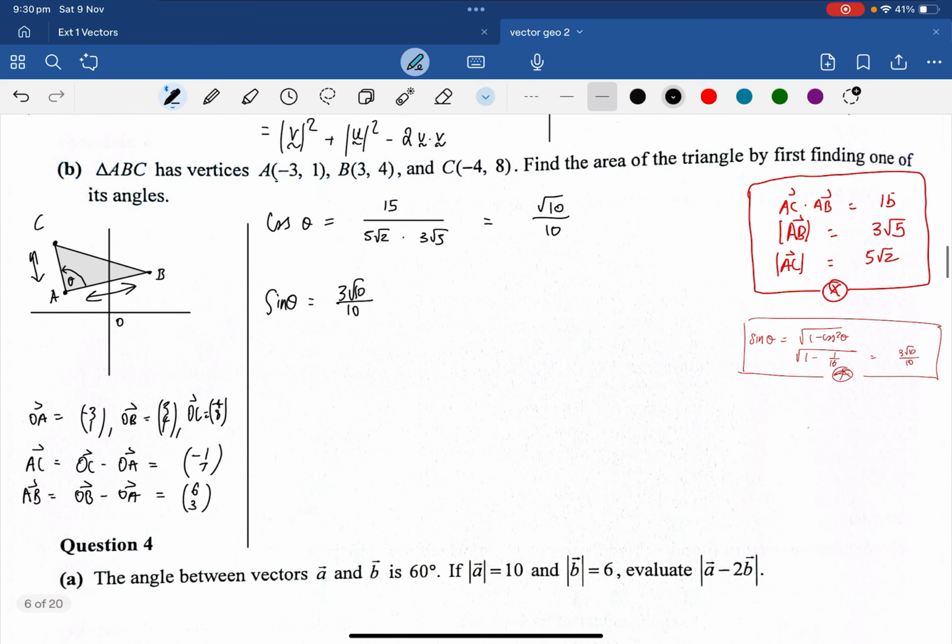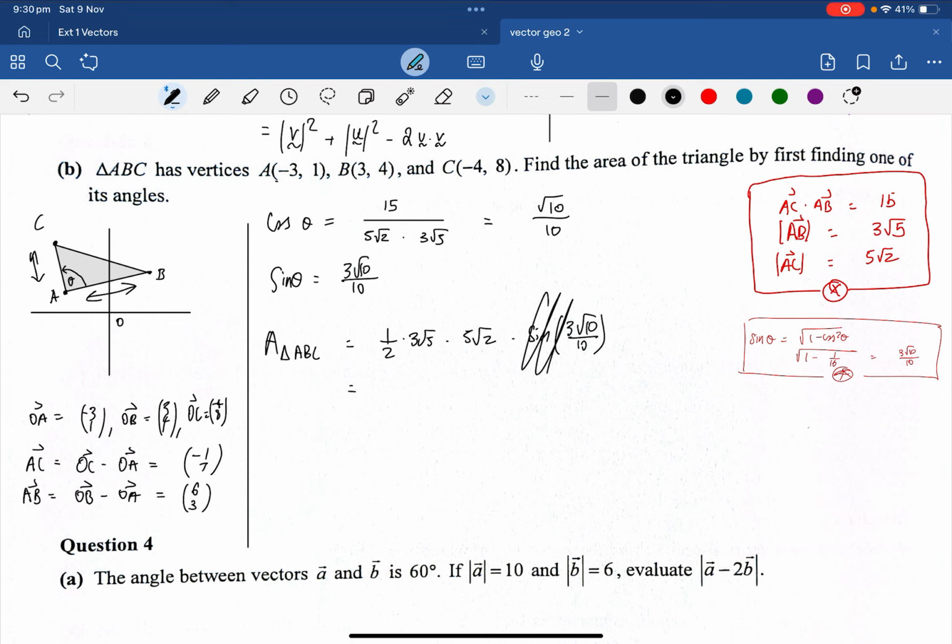Now, what do you want to do? Remember our area of the triangle ABC is equal to half AB sine C. What's your AB? 3 root 10 into 5 root 2 into sine theta. Easy peasy. But we don't need to put this out, because this is sine theta, so we can just put this as this.